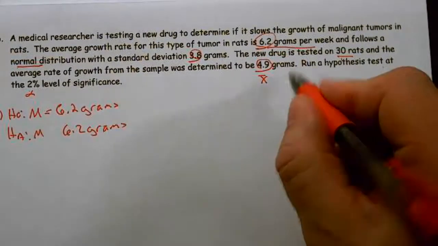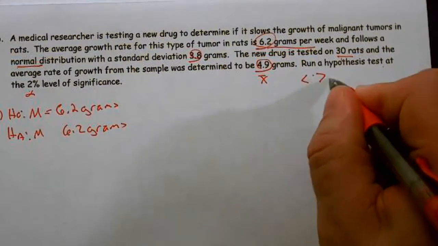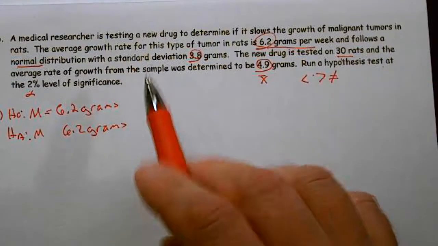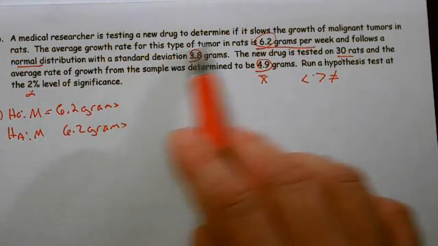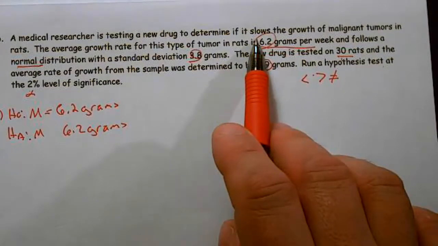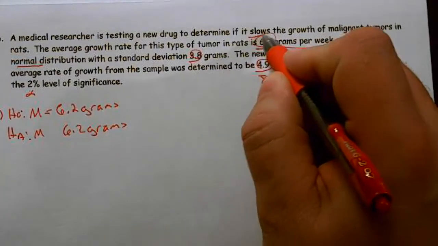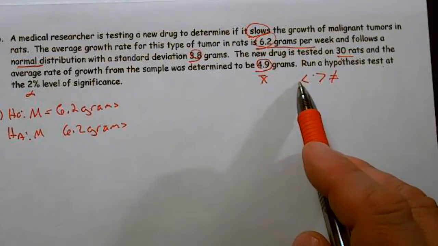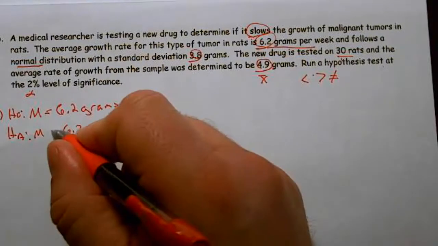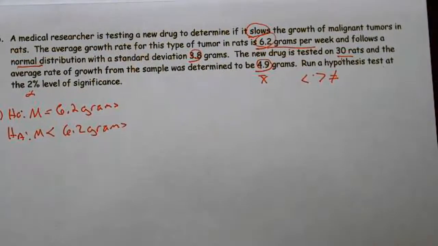So now we just need to determine, is this a less than, greater than, or not equal to? And they want to see if it slows. All right, well, slow means make it smaller or reduce. So we're going to try to reduce how fast it grows, okay?